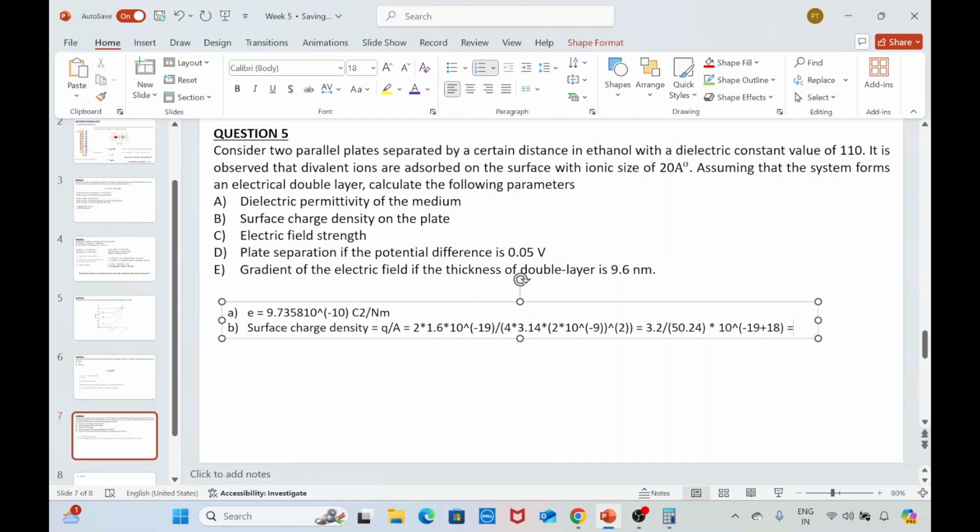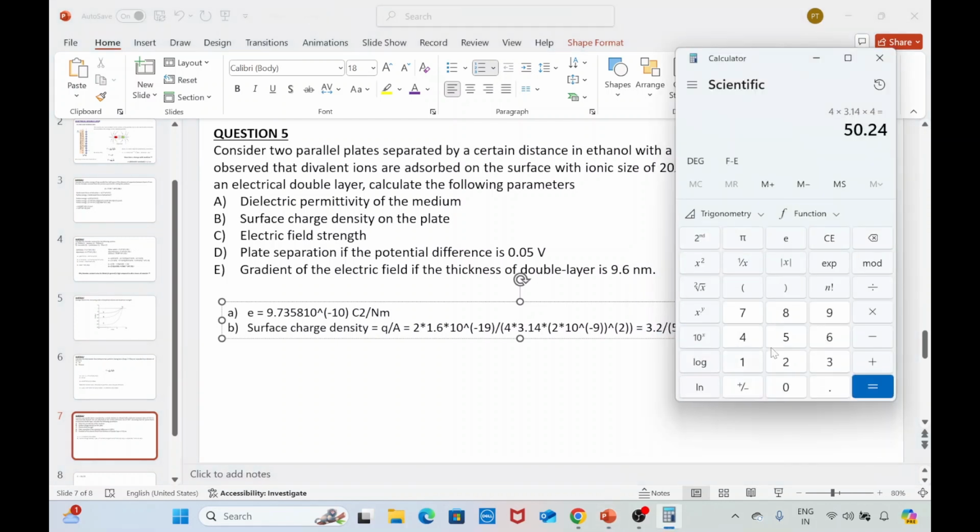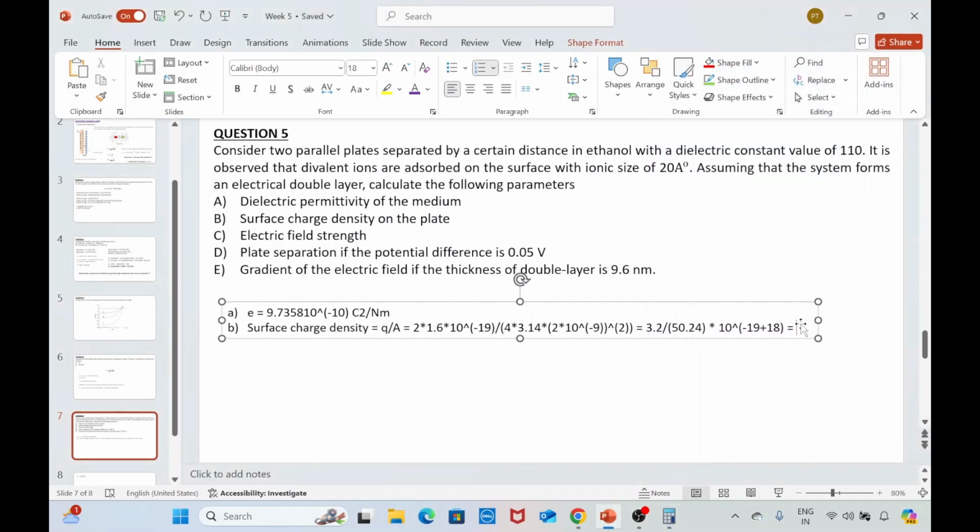So this value will be 0.0637 into 10 to the power minus 1.